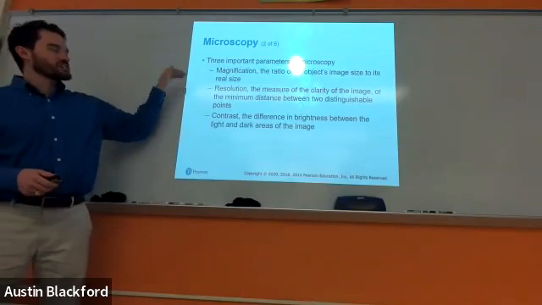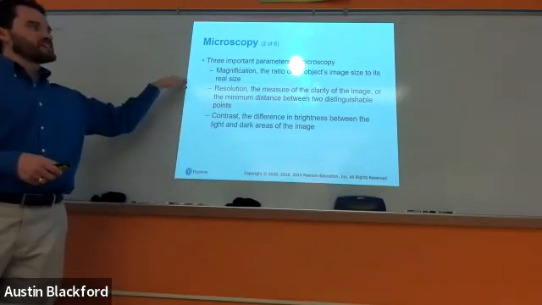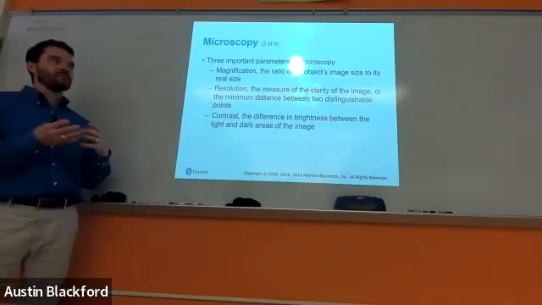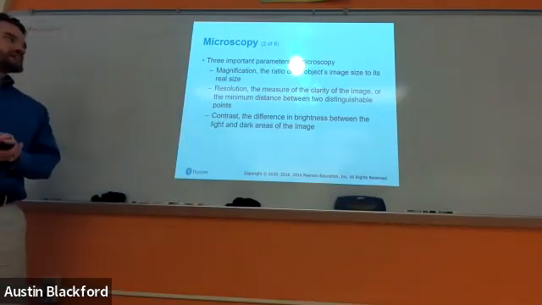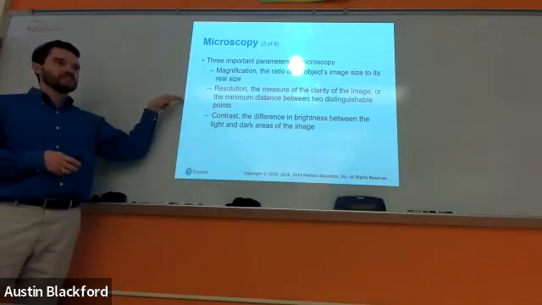When we're talking about microscopy, there are 3 different categories or parameters we look at. Magnification is basically how big the object is, how zoomed in. Resolution is the clarity, the distance between 2 points.